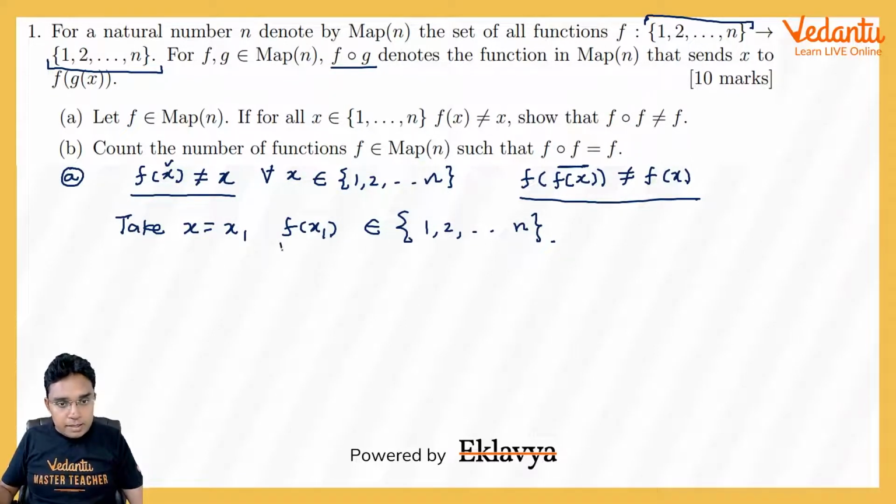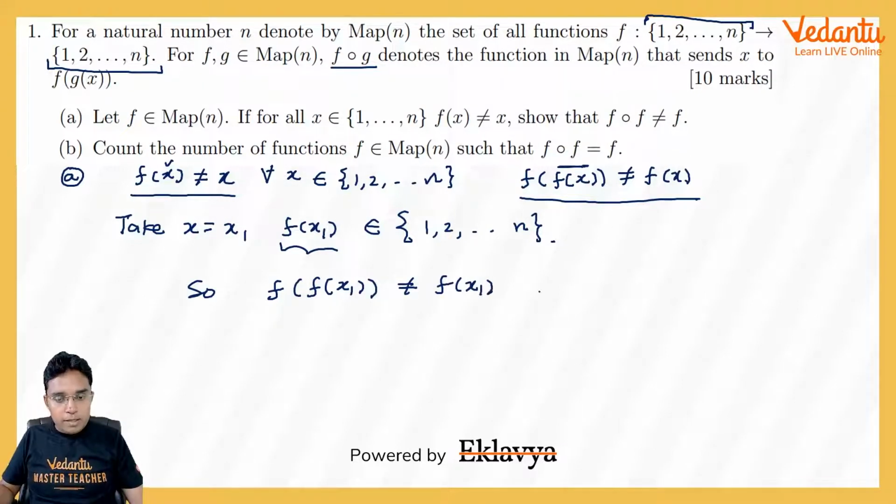Now consider this value f of x1 as one of the elements in the domain, because we are given that for any x that belongs to 1, 2 up to n, f of x cannot be equal to x. So I think we can very easily say that f of f of x1 cannot be equal to f of x1.